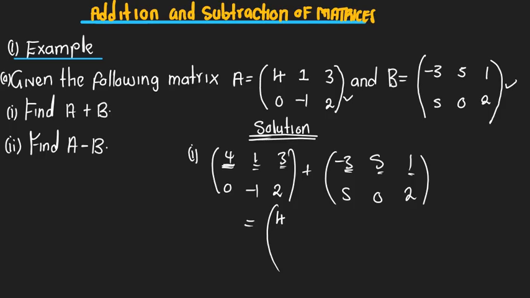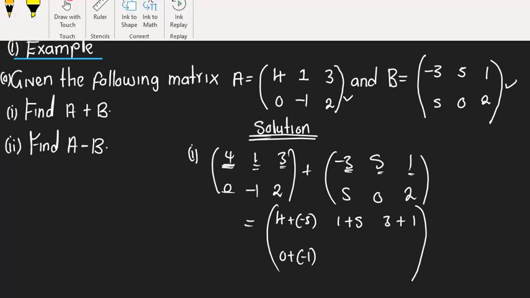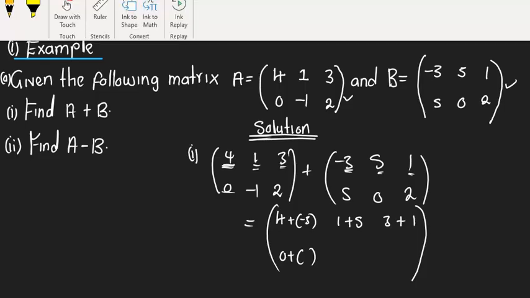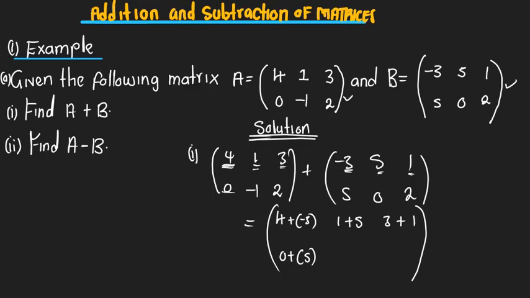So this is going to be 4 plus negative 3. Then this is going to be 1 plus 5. Then this is going to be 3 plus 1. And in the next row, this is going to be 0 plus 5.